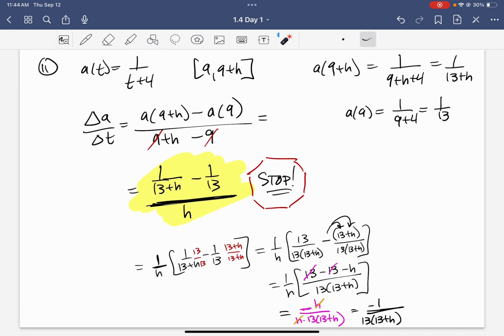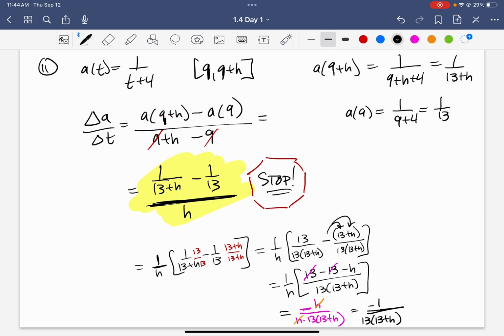Then I look at number 11. So when you are looking at number 11, the function is a of t is equal to 1 over t plus 4, and I want to know, how does this function change from 9 to 9 plus h? So what does that mean? That means I'm going to find the change in a over the change in t, which means I'm going to be able to find a of 9 plus h.